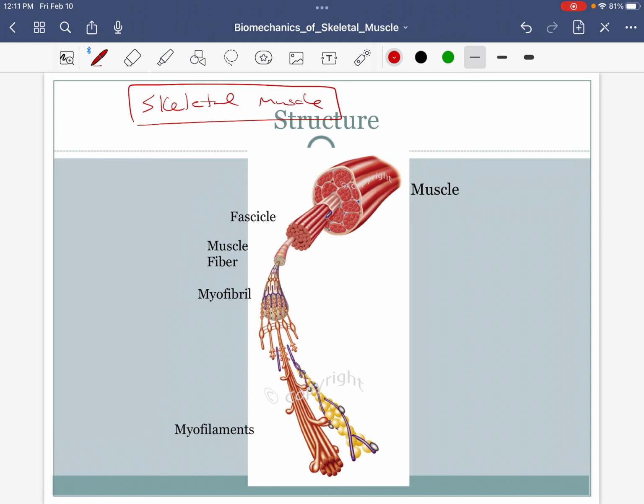Make sure you review the basic structure of a skeletal muscle. You will need to know these. Should be a review. So as I was saying, if it's coming back to you, great, review, make sure you got it. If it is not coming back to you, you absolutely need to spend time. A lot of this is memorization.